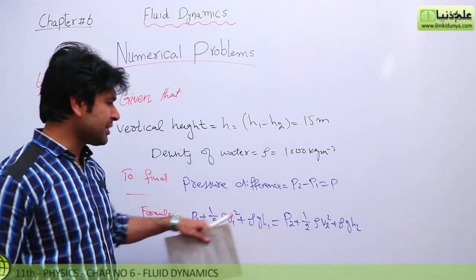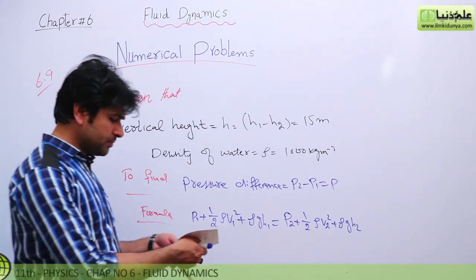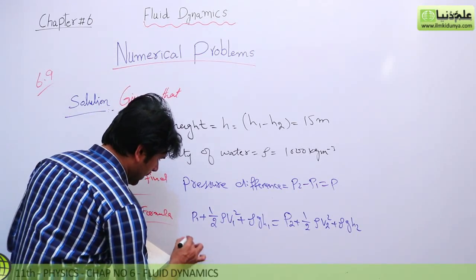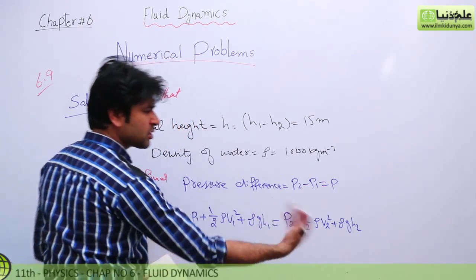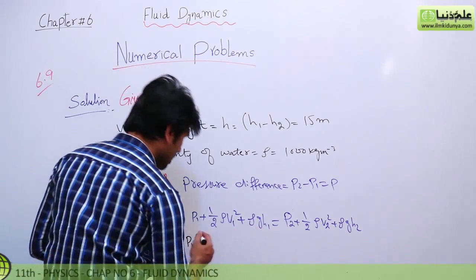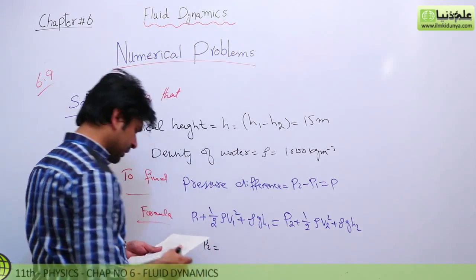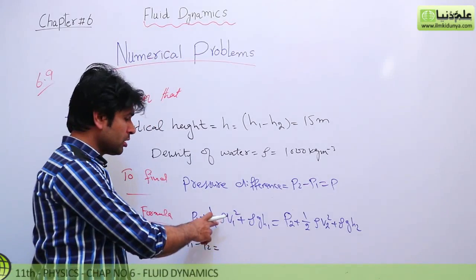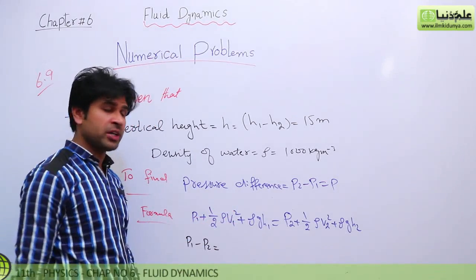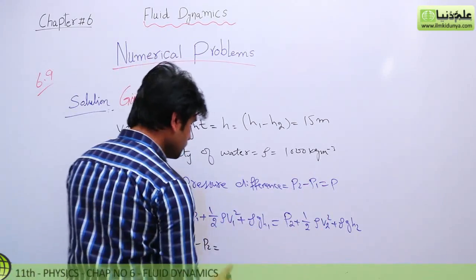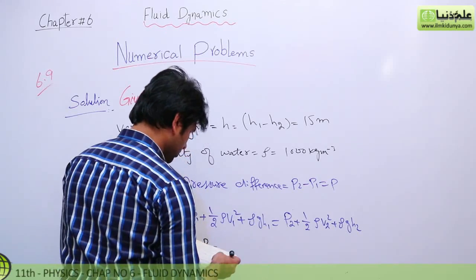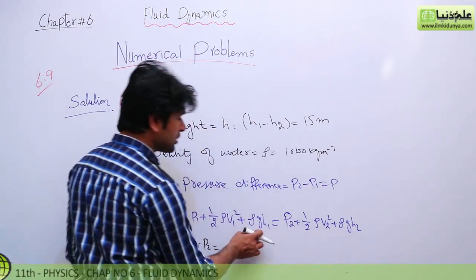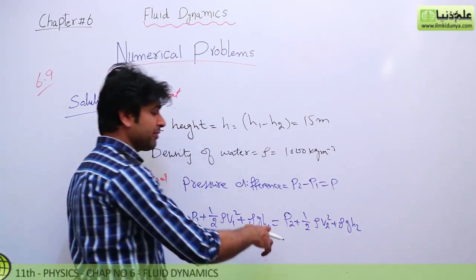So by solving this Bernoulli's equation, we can find out the difference of the pressure. Now rearranging this equation, we can write P1 minus P2. The quantities half rho V1 square and rho GH1 we will take to the other side.